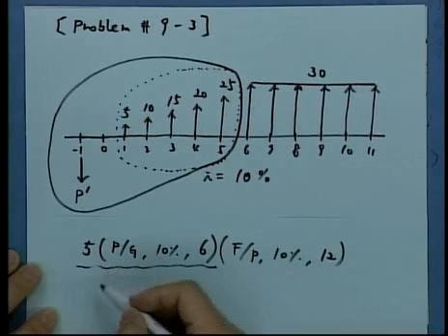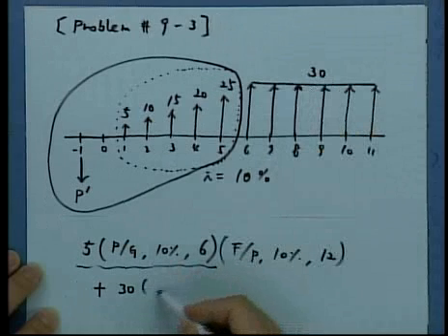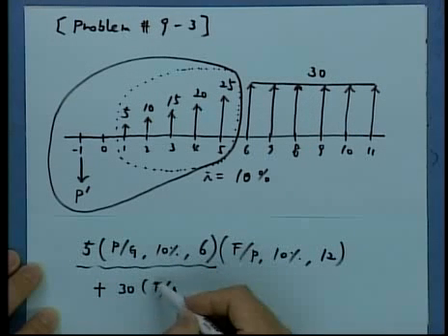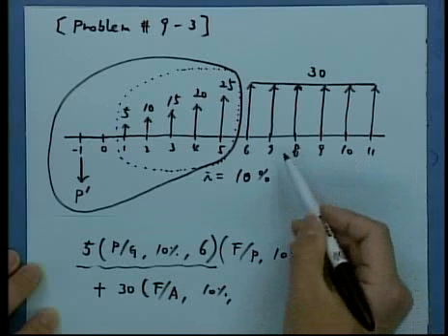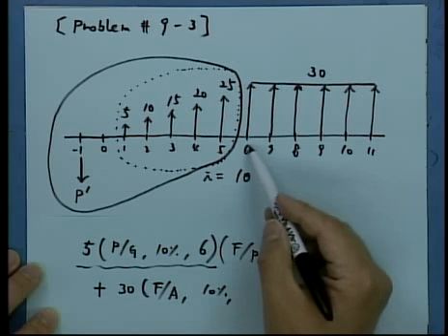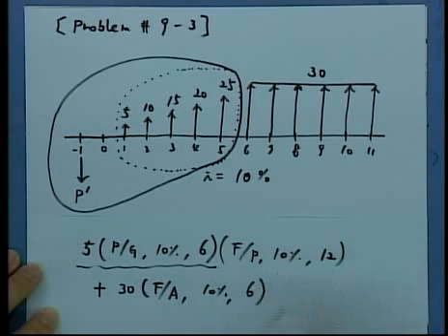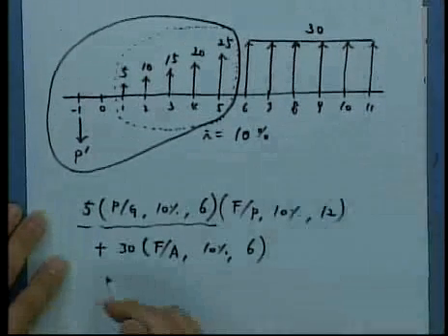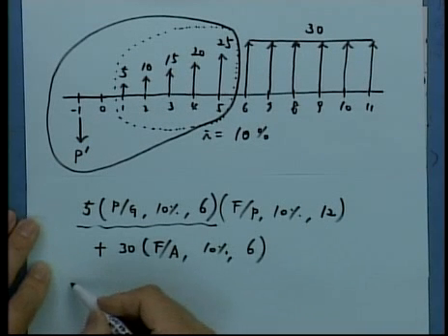So what you need to do is plus $30 F given A, 10% over how many periods? From 6 to 11, over 6 periods.